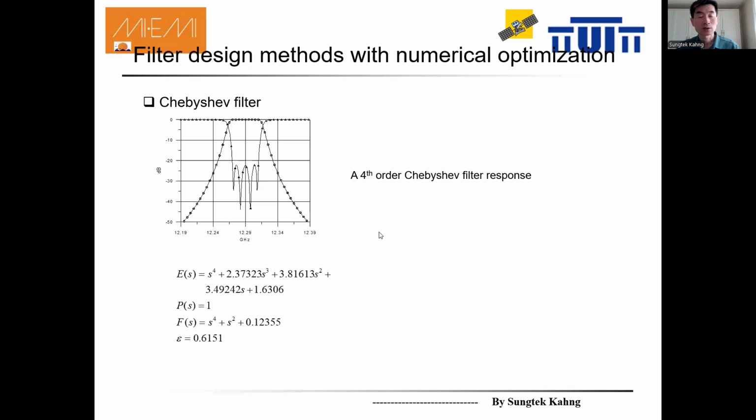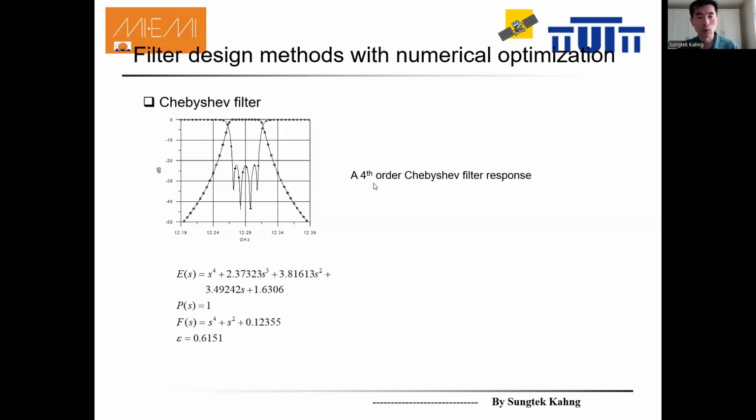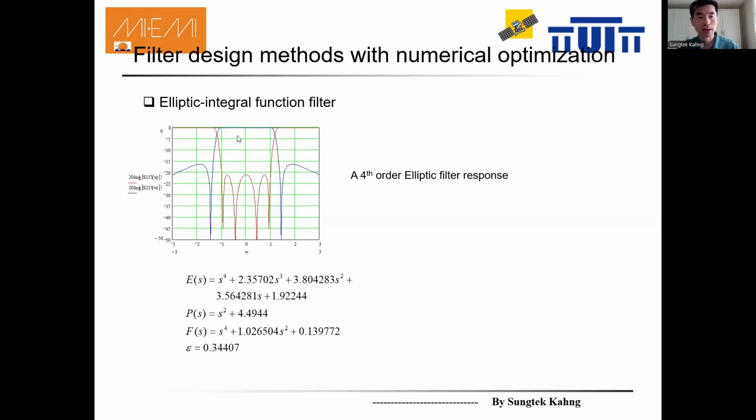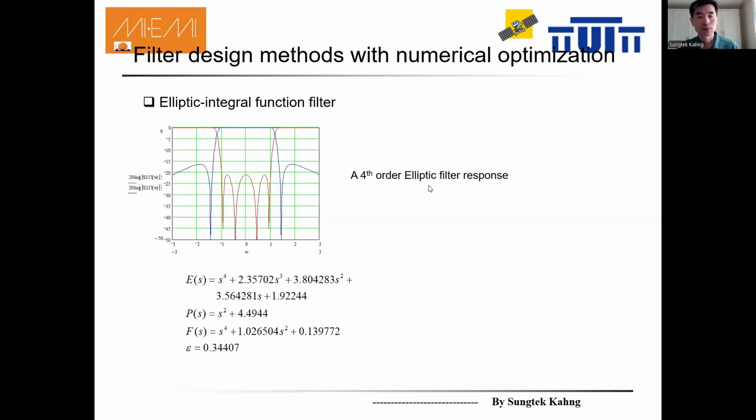And it's fun to see the differences between the Chebyshev filter and elliptic filter response. This is the filter response of an elliptic integral filter for the fourth order, the same order as you see, the skirt is much better in the elliptic integral filter.